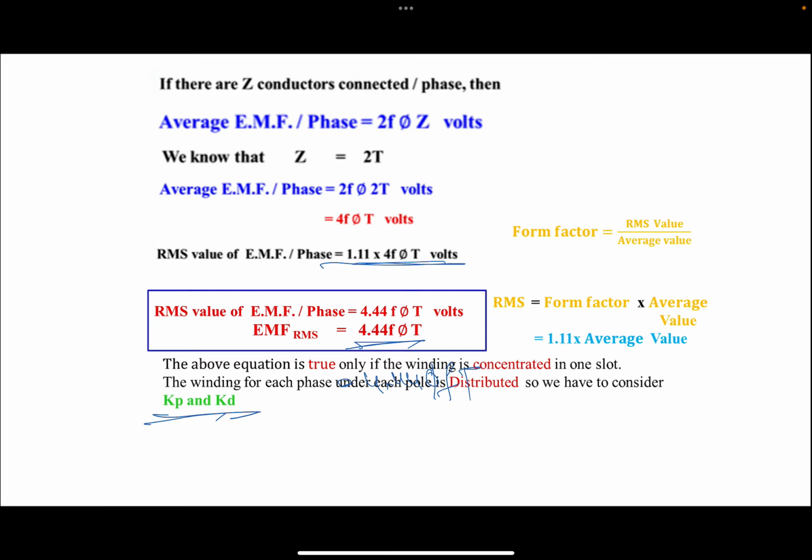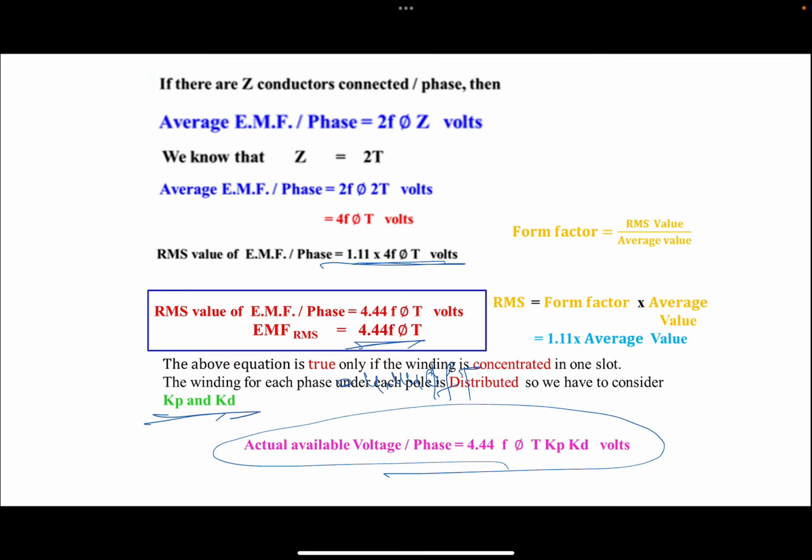There are two different types of windings. When windings are placed differently, will there be an effect on the EMF or not? Definitely there will be an effect on the EMF. So there are two factors: one is pitch factor, the other is distribution factor. Pitch factor is Kp and distribution factor is Kd. So the final equation is 4.44 Kp Kd phi f T. Just quickly write this down in 2 minutes.